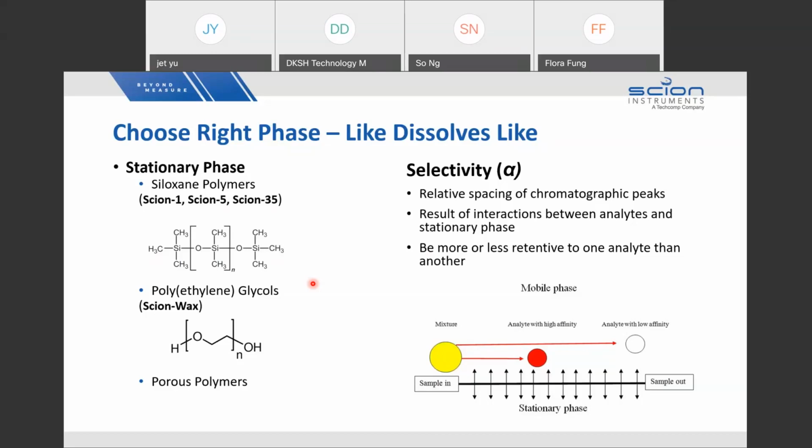But usually type 1 and type 5 columns can be applied to, I would say, 80 to 90% of applications. For the rest, maybe you need to choose the right columns with different numbers. But you have to look at the chemicals, what the properties of those modified parts are, 35 or 5.